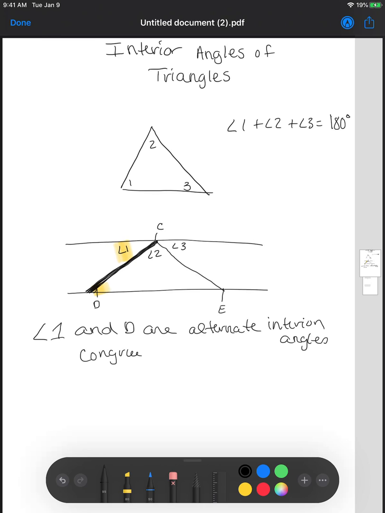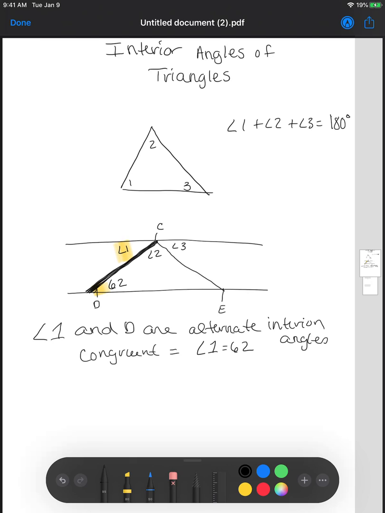And congruent means equal, right? So if D is 62, angle 1 is also going to be 62, because angles D and 1 are alternate interior angles and they are congruent.